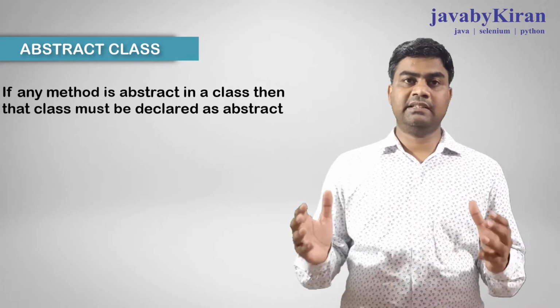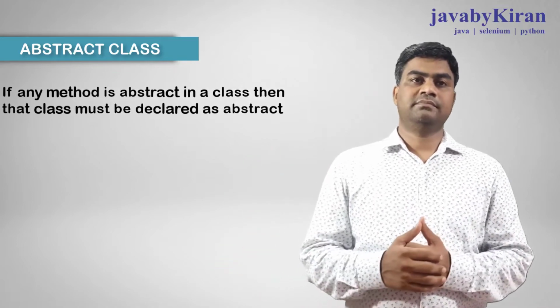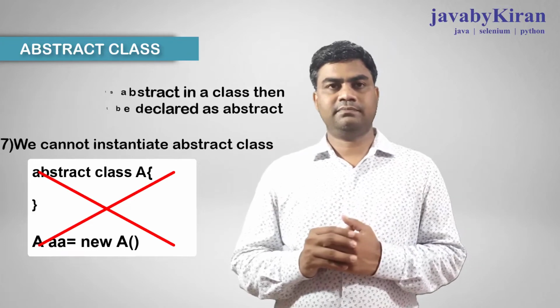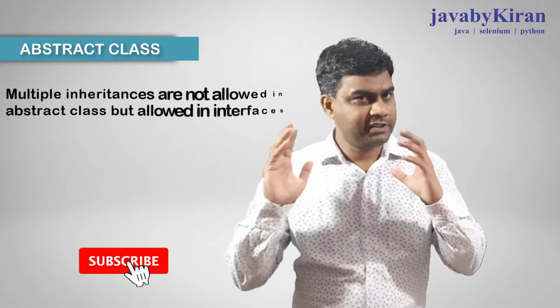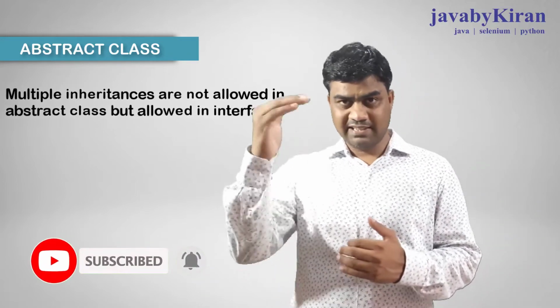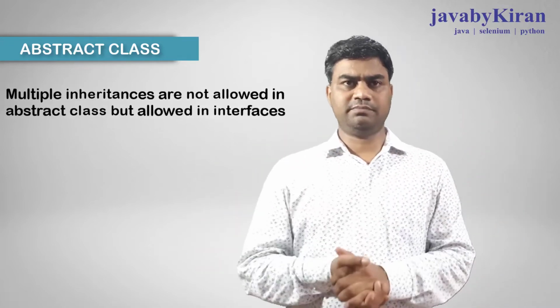If any method is abstract in a class, then that class must be declared as abstract. We cannot instantiate abstract class. Multiple inheritance is not allowed in abstract class, but allowed in interfaces. I listed out every important point of abstract class. Please remember all these points, these are very, very important.